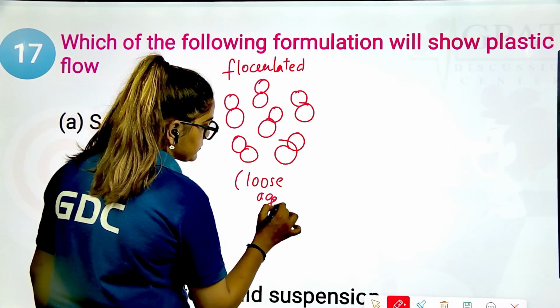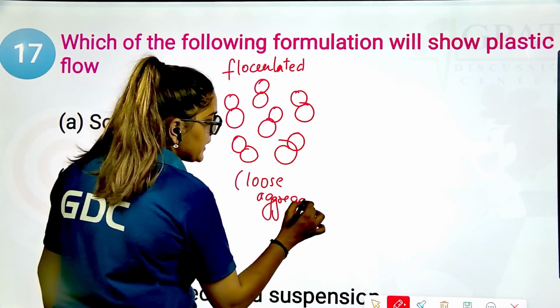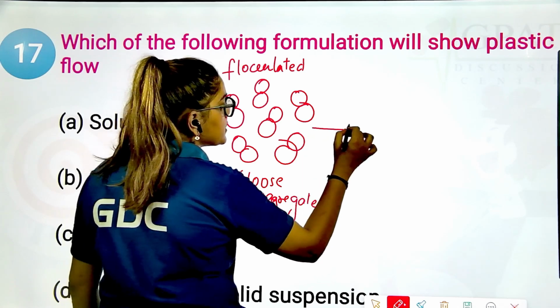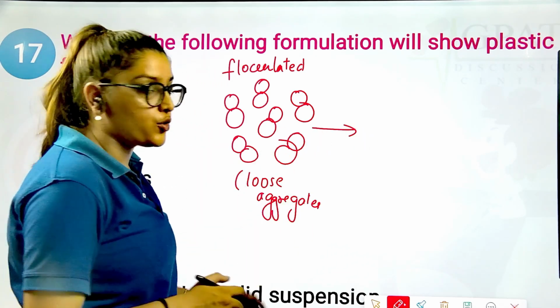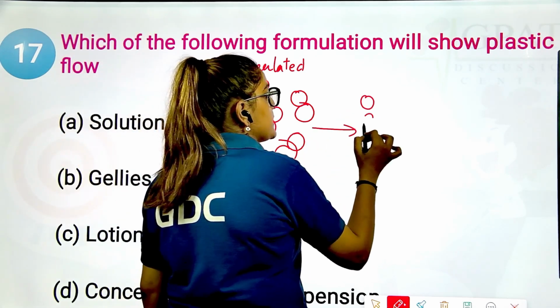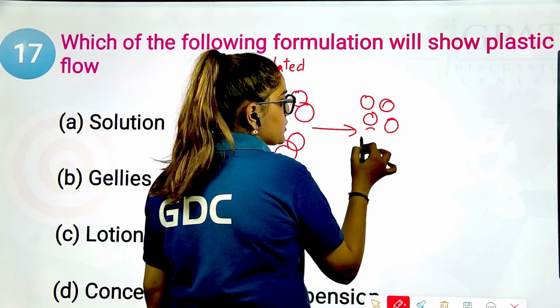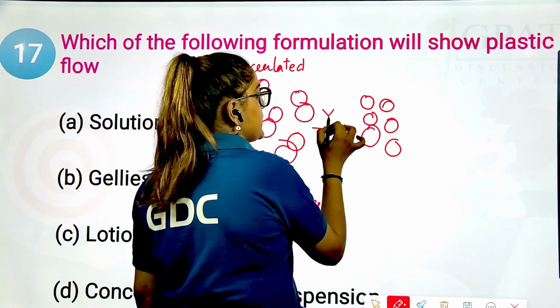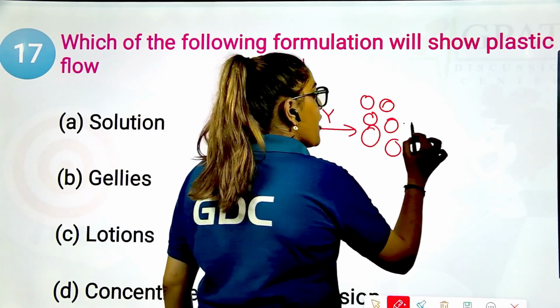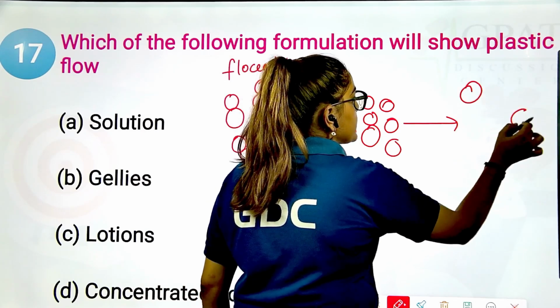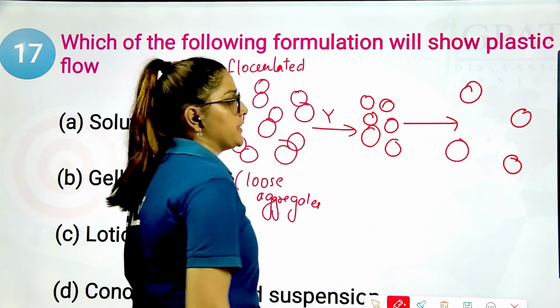aggregates. So they require a certain shear force so that they separate out, that is equal to the yield value, after which they will show their actual flow property, right?